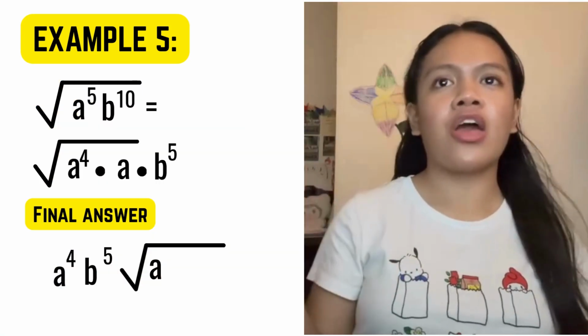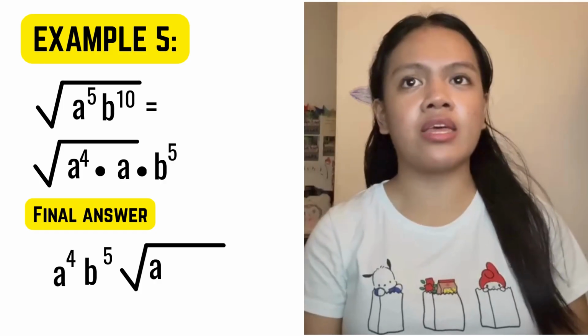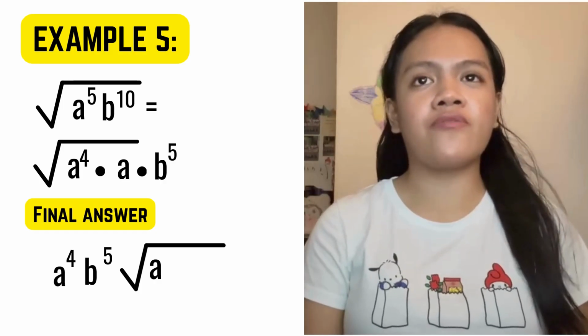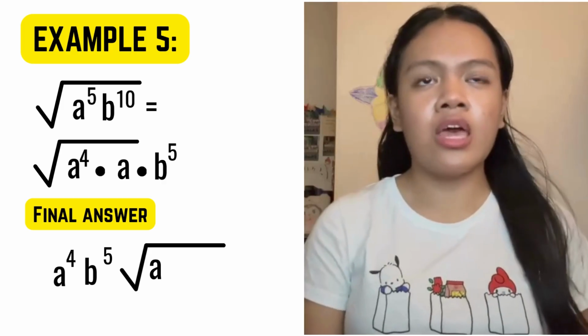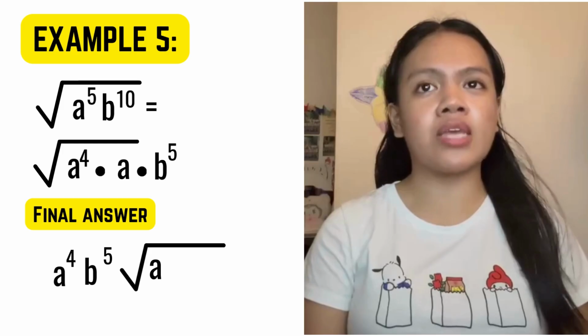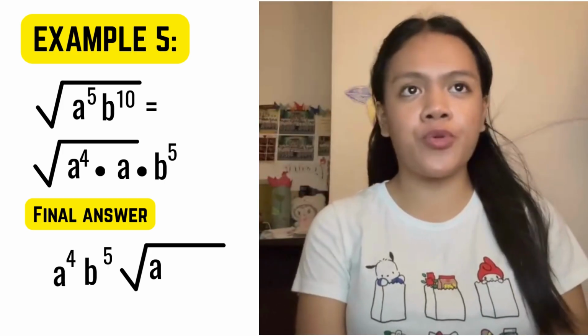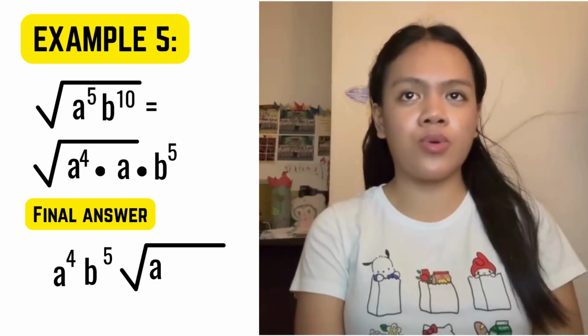Example 5. We have the square root of a raised to 5 and b raised to 10. The first step is we divide the exponents by the index. Since 5 is not divisible by 2, the remainder will be placed inside the radical sign. For this case, how many groups of 2 can you make from 5 without going over?